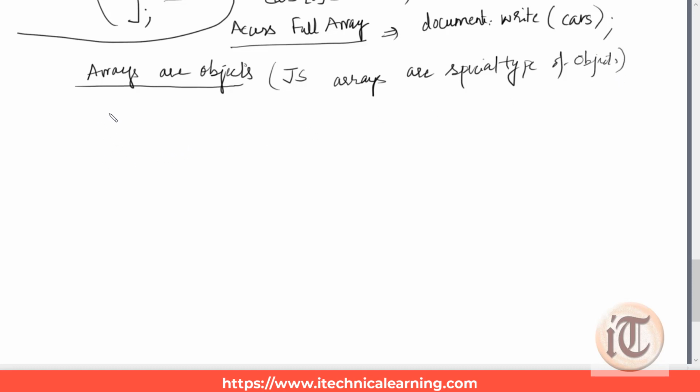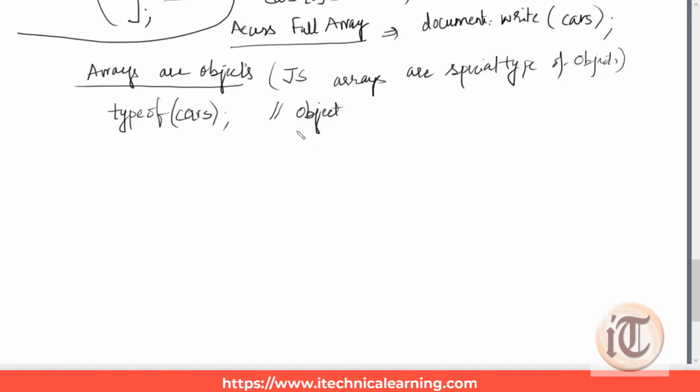Because if we use the typeof operator, suppose I want to print typeof my array name, typeof cars, then it will actually return object.